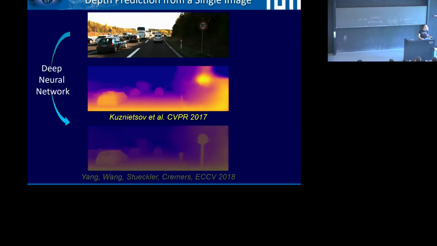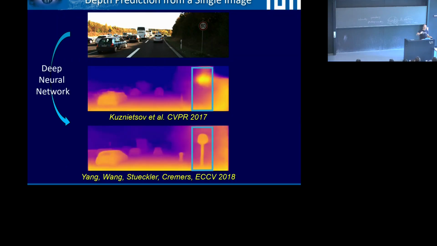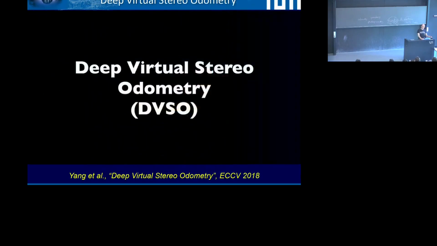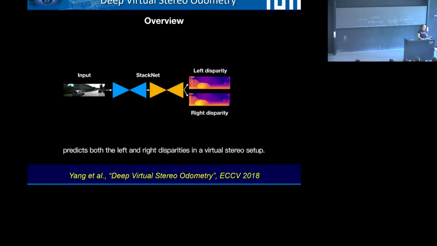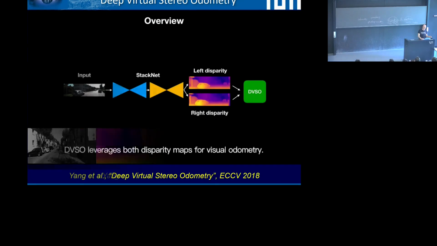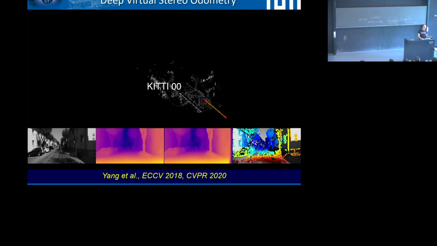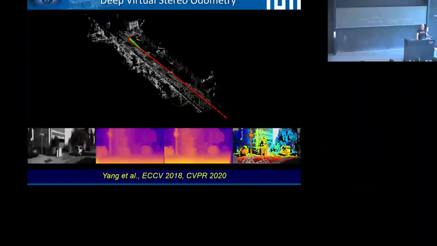But what we show with our methods is that you can actually take cameras, you can leverage deep networks, and we'll talk more about that in class as well, and predict the depths. And then you can feed these depth predictions into a SLAM system, and then from just 1 single camera you can drive.